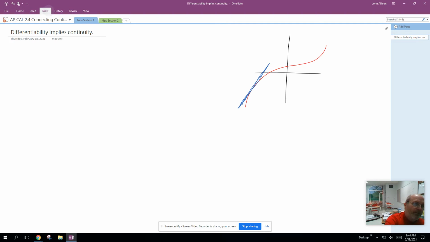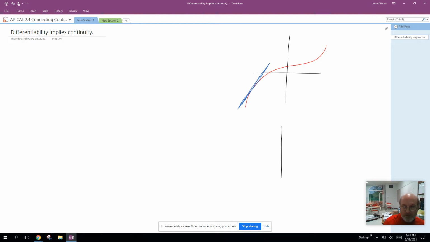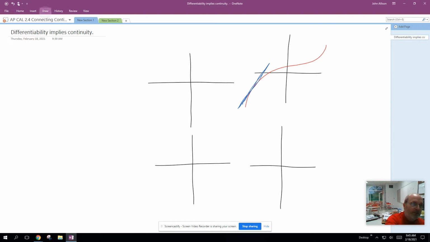So if you had a function that was not continuous, let's talk about the different kinds of discontinuities we had. We had jump discontinuities, we had discontinuities due to a vertical asymptote, or we had removable discontinuities. So let's make some examples of each one. If we had discontinuities due to a vertical asymptote, where this is the value x equals a, let's see, we had jump discontinuities.